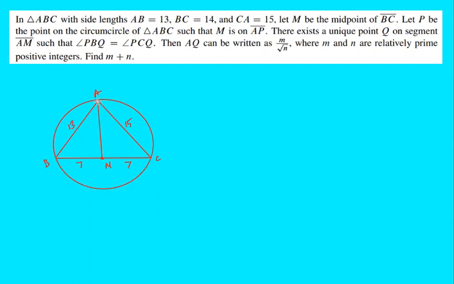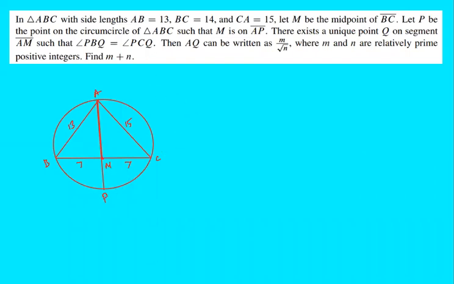Okay, so this is A, M is right here. So when you extend this line segment in both directions, there should be a point P. That point P has to be on the circumcircle, which means if you do so, you will actually get P right here. So let me actually extend this. Okay. And we are told this point is P.